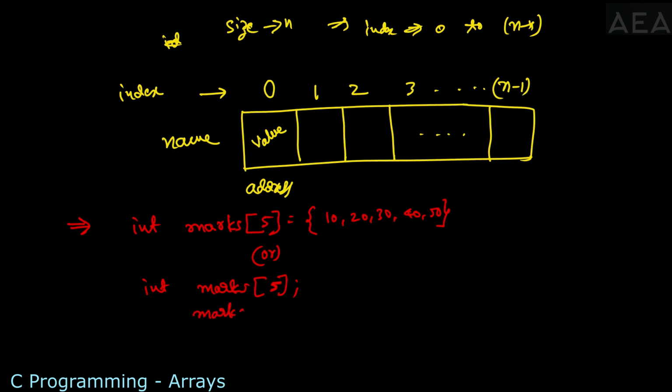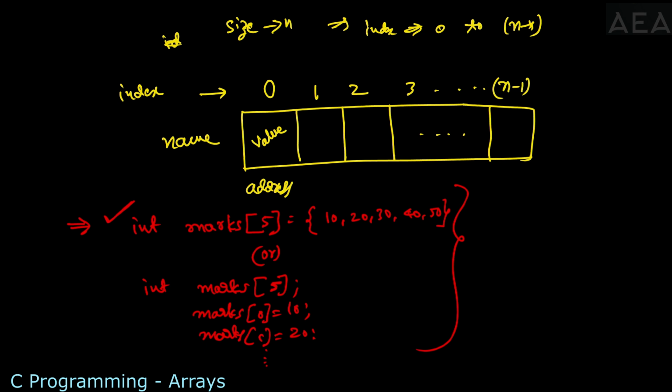Marks 0: the 0 index position value is how much here? 10 now. Marks 1: the assigned value is 20, and so on. So finally, we can take any one of these two cases, and the first one is preferred, because in a single line we can initialize the values and declare the array also.